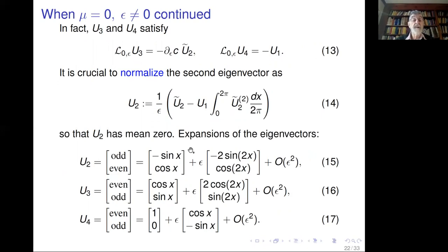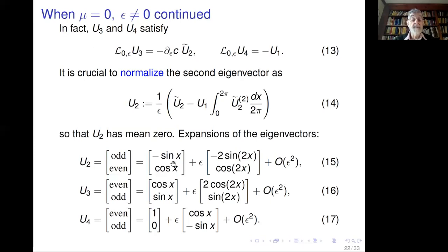So we're going to start from these capital U guys. They're 2 vectors. And it turns out to be really important to check very carefully their parity. So the first component odd, even odd, and so on. And they have these expansions. These are consequences of the Stokes expansion. And here they are.